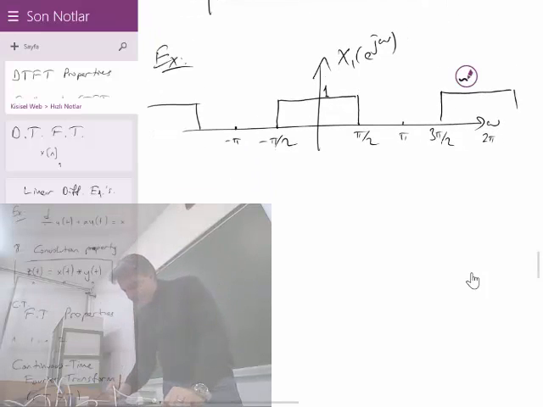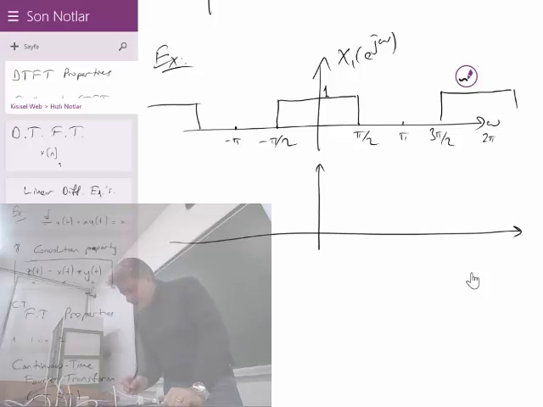And we have another signal X2 of e to the j omega, which is another ideal low pass signal, but the bandwidth is not up to pi over 2, it is up to a point in between, which is 3 pi over 4.